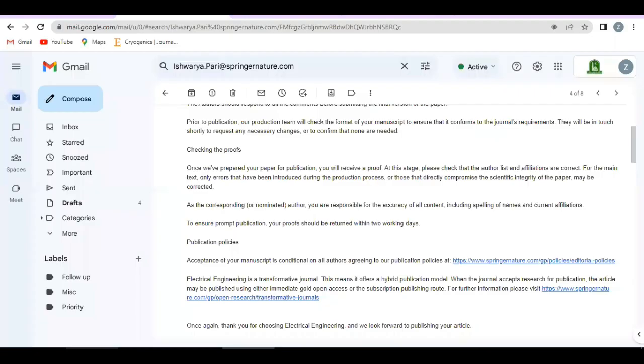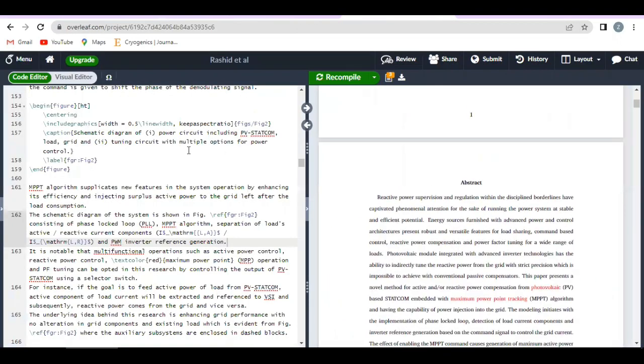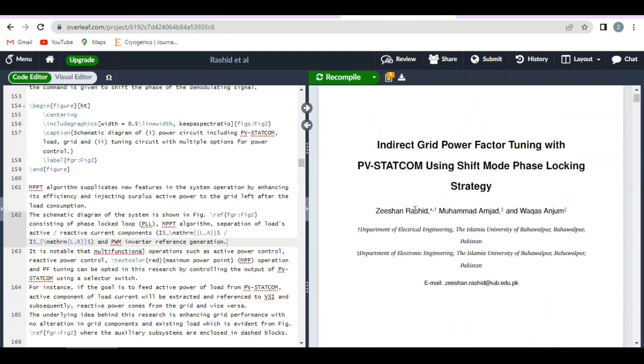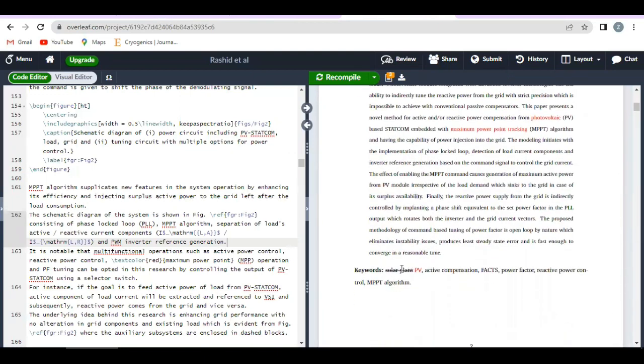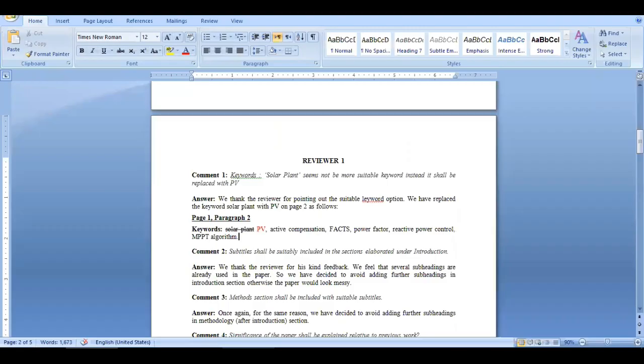That manuscript was prepared using the LaTeX editor, and I will show you that this is the online LaTeX editor, Overleaf, and these are the modifications. So in the first comment, it is written that instead of using solar plant, it is better to replace it with PV.